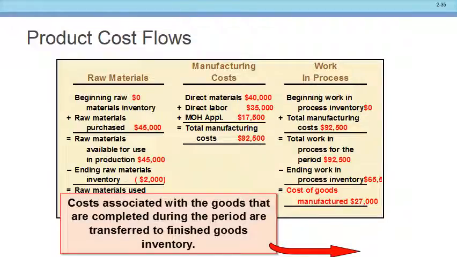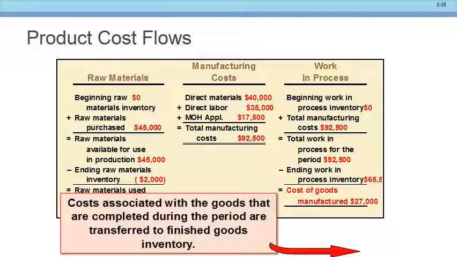I don't know exactly the amount, but that's the ending work in progress, and the amount that we transferred out goes to our cost, that's our total cost of goods manufactured, important term, cost of goods manufactured. The cost of my goods manufactured for the period is going to go to my finished goods.